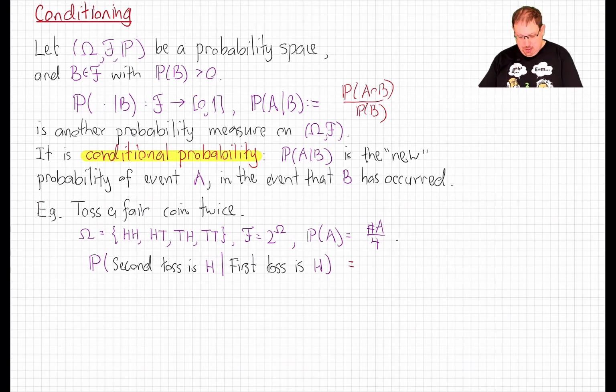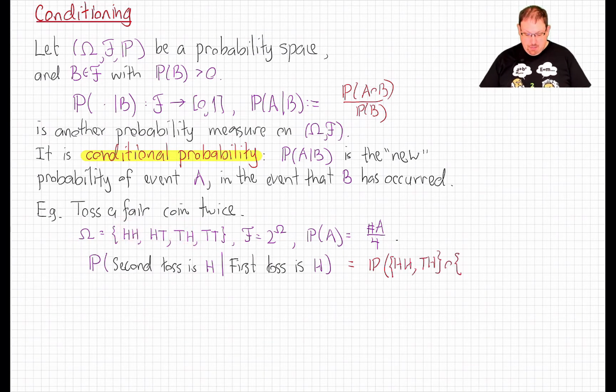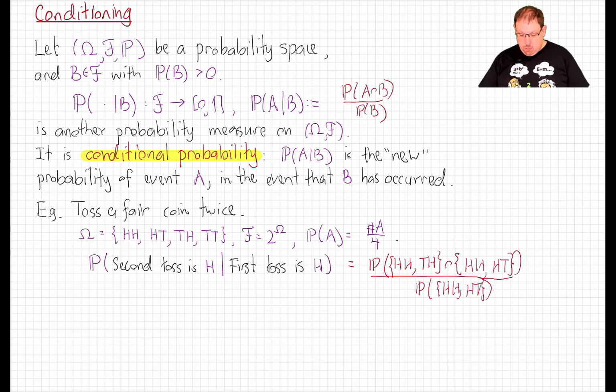By definition, this is the probability of the intersection of the two events divided by the probability of the second event. Well, what is the first event? The event that the second toss is heads consists of these two outcomes. And the second event, that the first toss was heads, consists of these two outcomes. Now, that intersection in the numerator has just one outcome in it, heads, heads.